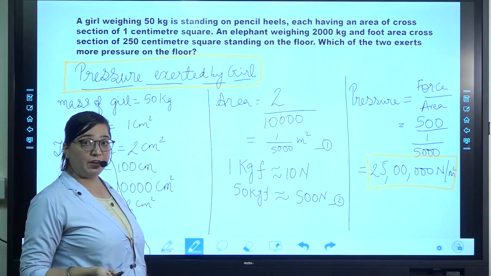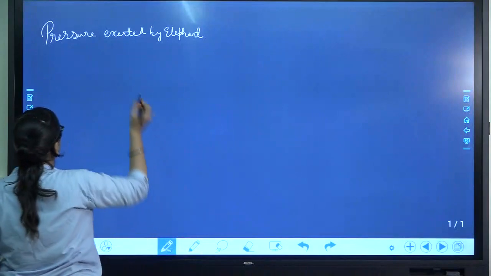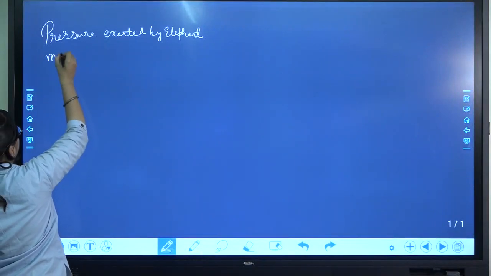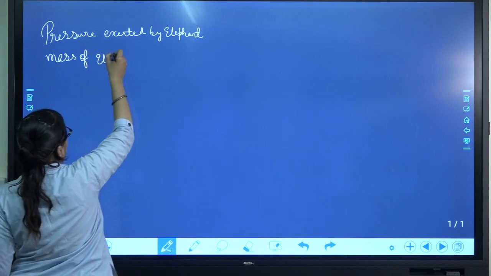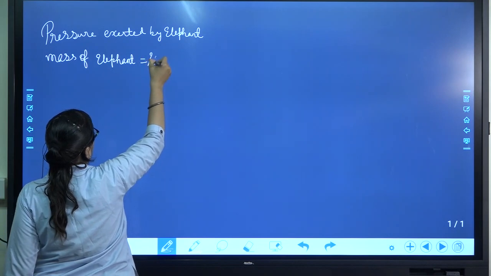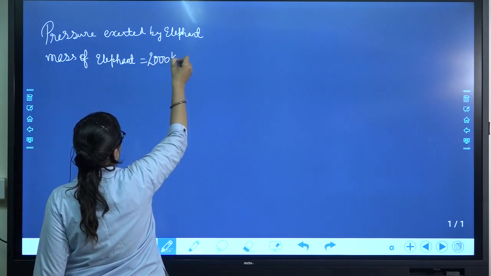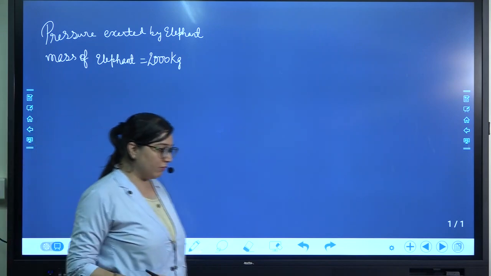So mass of the elephant will be 2000 kg. What will be the force that is exerted by the elephant?